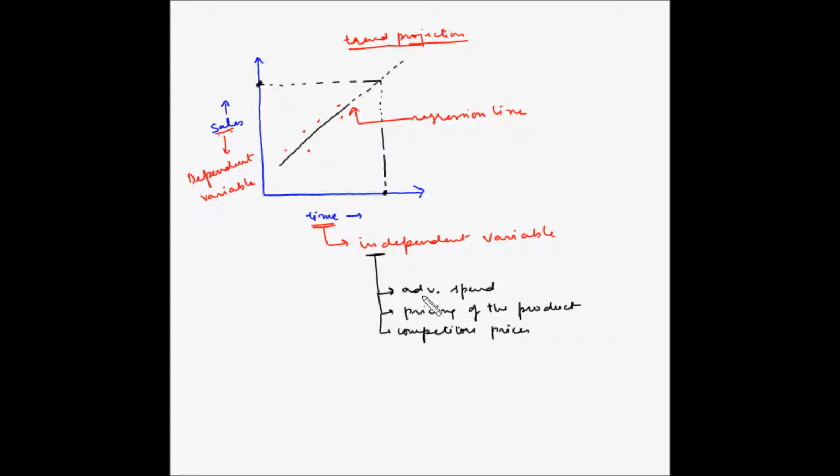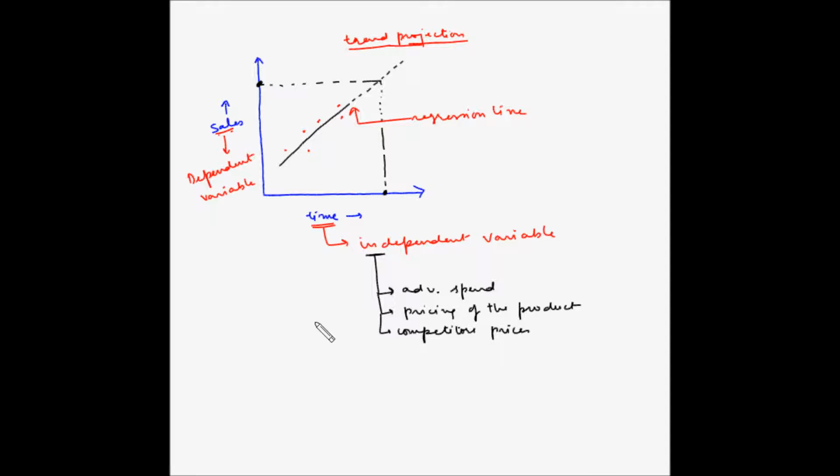So basically what this means is that if the advertising spend is changed, then the sales will be different. If the pricing of the product is changed, then again the sales will be different. And if the competitors change their pricing, then again it will impact the sales of your organization.